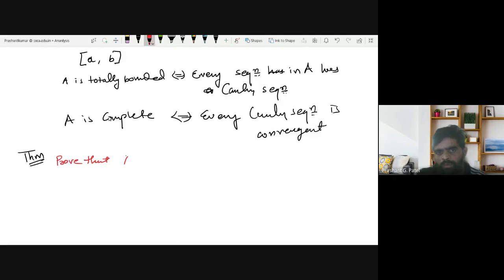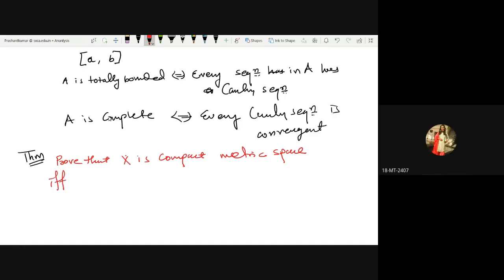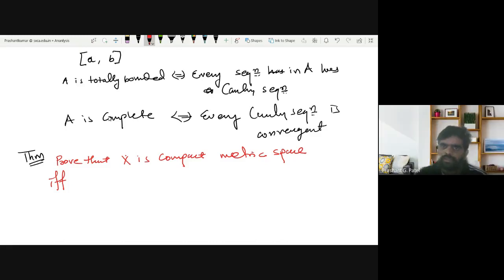X is a compact metric space if and only if, yes, anybody? Every sequence has a Cauchy subsequence. Yes, that is there. That gives you total boundedness, and completeness gives you that Cauchy sequences are convergent.